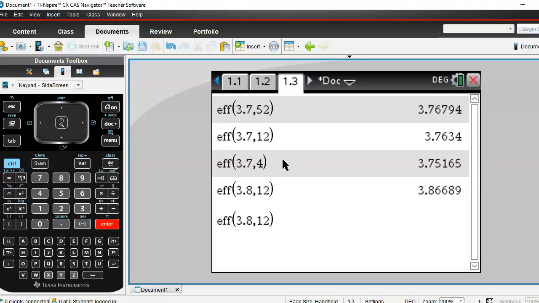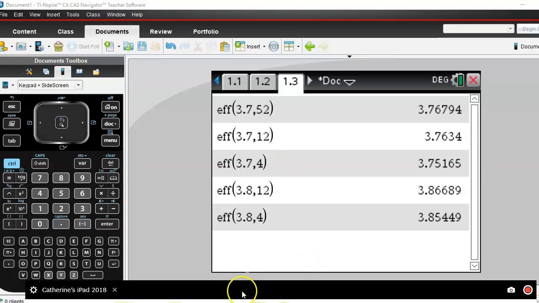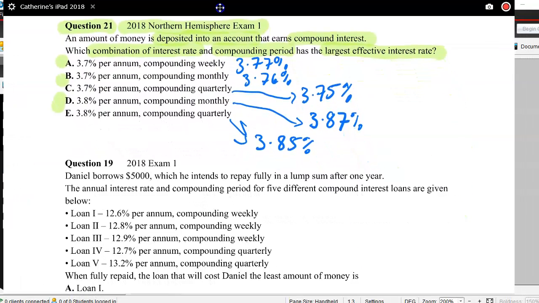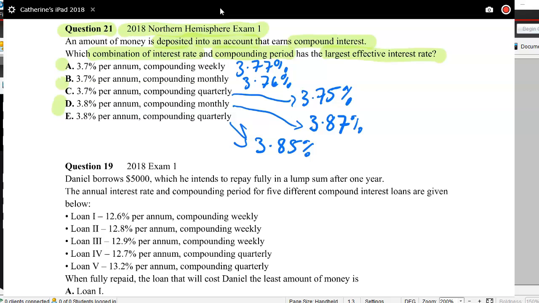And our last one, 3.8% per annum compounding quarterly, so 3.85%. So our answer there is D. Now, some of you might have already figured out that it really had to probably be between these two.